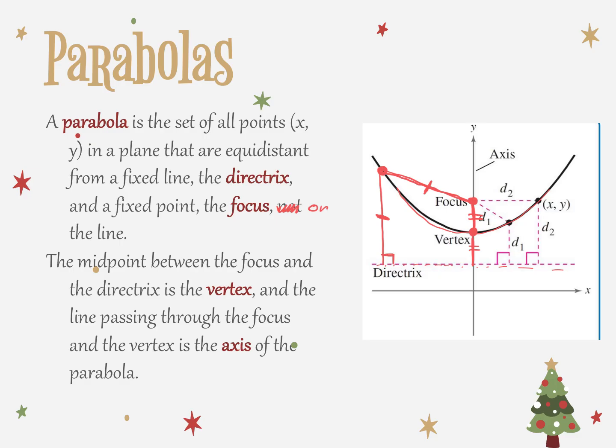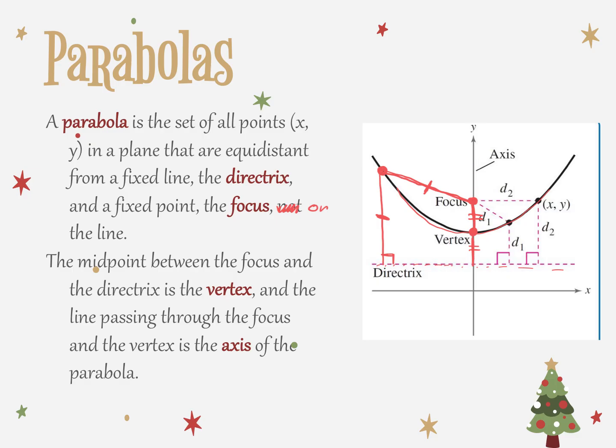And this line that cuts through the focus and the vertex, you know as the axis of symmetry. In this case it's a vertical line, though we're going to do sideways parabolas in this lesson. This vertical line is the axis of symmetry, meaning we have the exact same thing on the left and right.